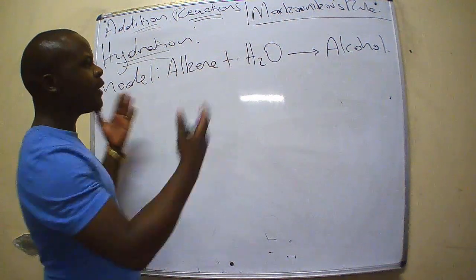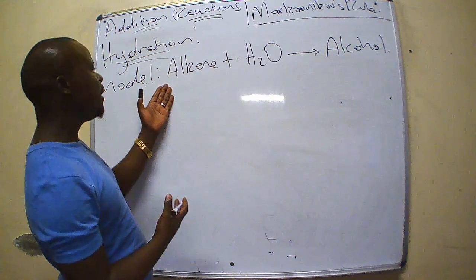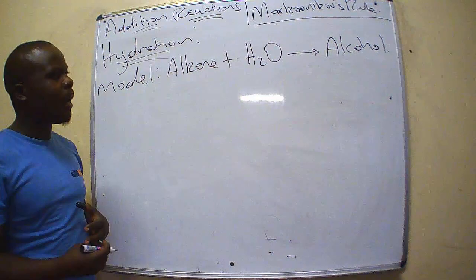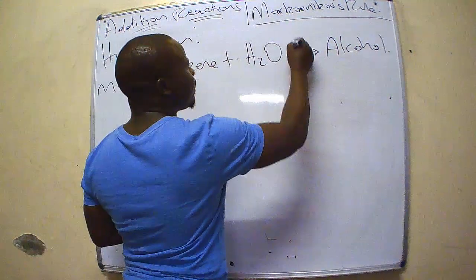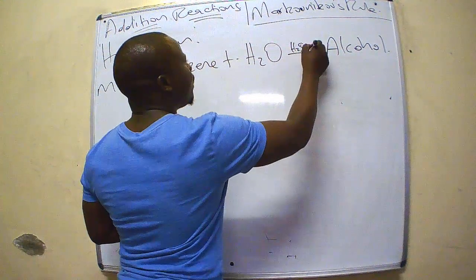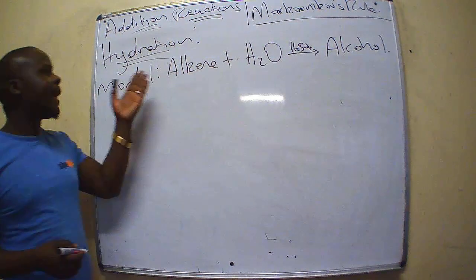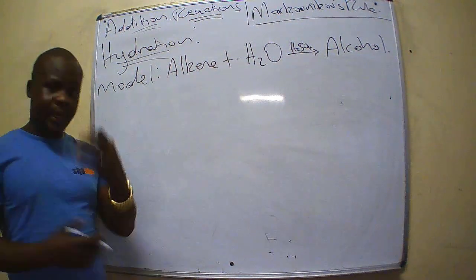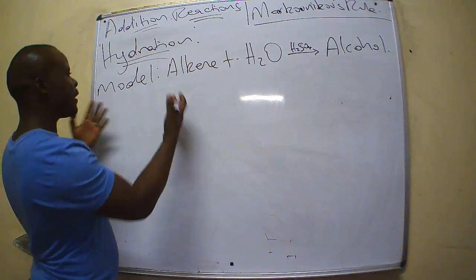So how is an alcohol being made from an alkene and a water molecule? At the same time, understand as we go deeper that we have a catalyst here, which is H2SO4. Sulfuric acid in this process is going to act as a catalyst. So let us have an alkene.